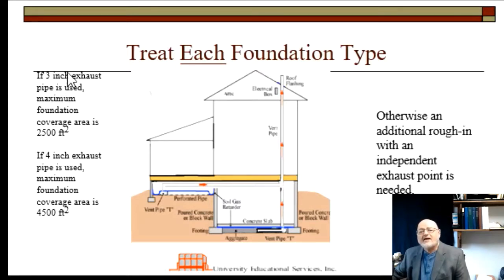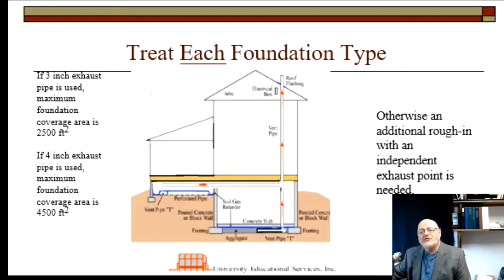And if you're using 3-inch diameter exhaust pipes, then the maximum foundation area that you can cover with that is 2,500 square feet. That is, if you're looking at a 3,000 square foot house and you're using a 3-inch exhaust vent, then you're going to need, as it says here, an additional rough-in with an independent exhaust point.